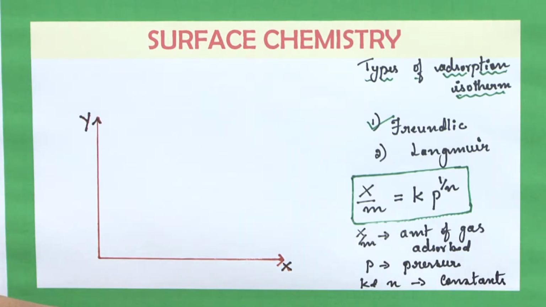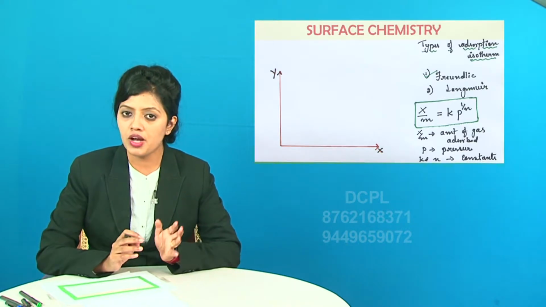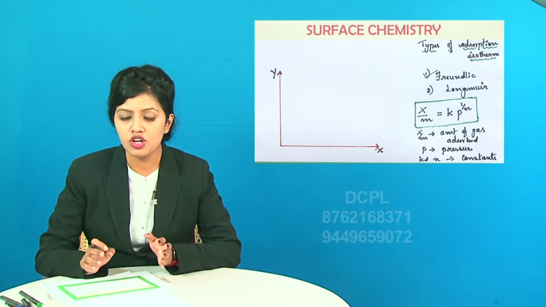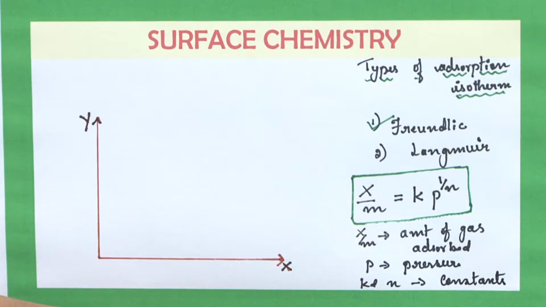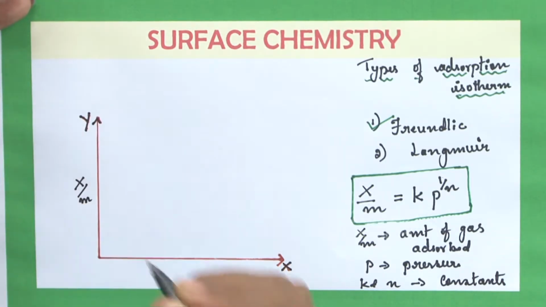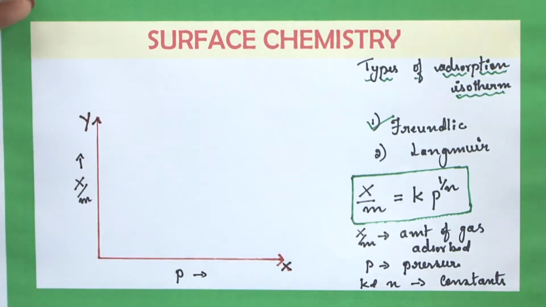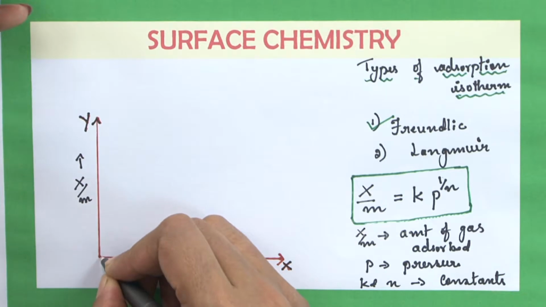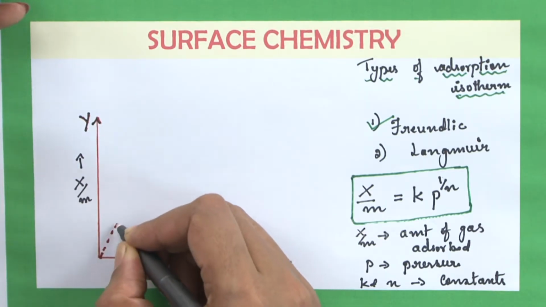Now, when we plot a graph of x by m versus equilibrium pressure, we get a curve. So, let us understand the graph. x by m versus equilibrium pressure. The graph is like this.